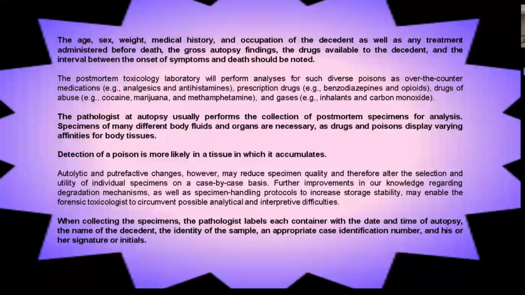Many times we see that autolytic or putrefactive changes may occur, so this reduces the specimen quality. With the passage of time, particularly the GI contents start deteriorating. Many times there will be bloating of the animal or patient, and the bacteria will try to pass throughout the body, so more putrefactive changes will occur.